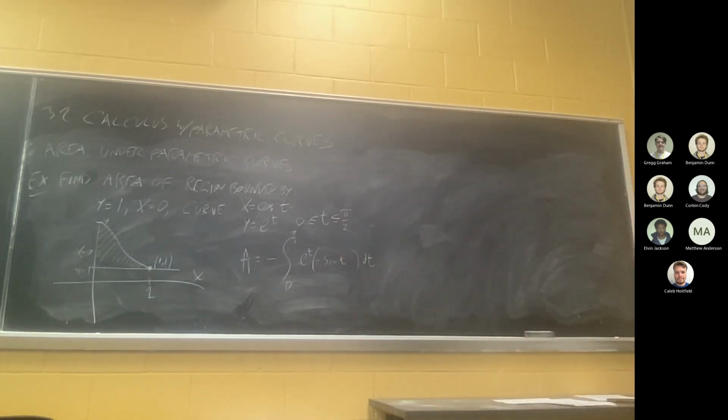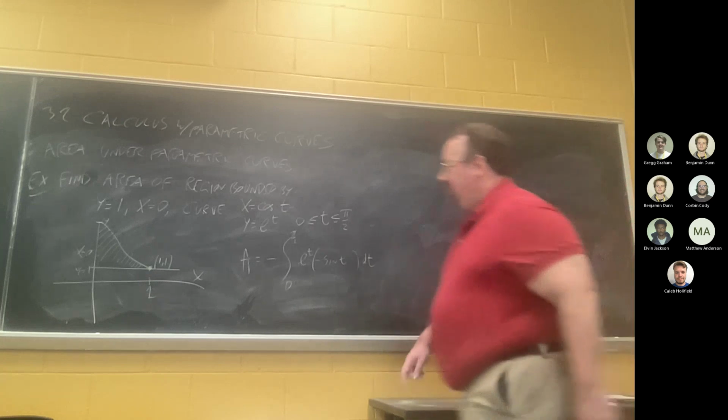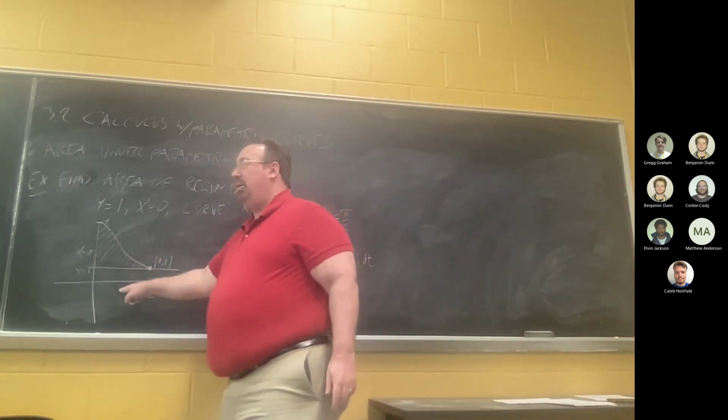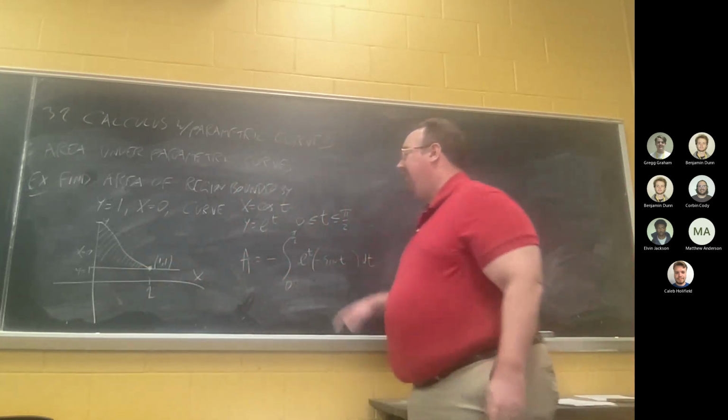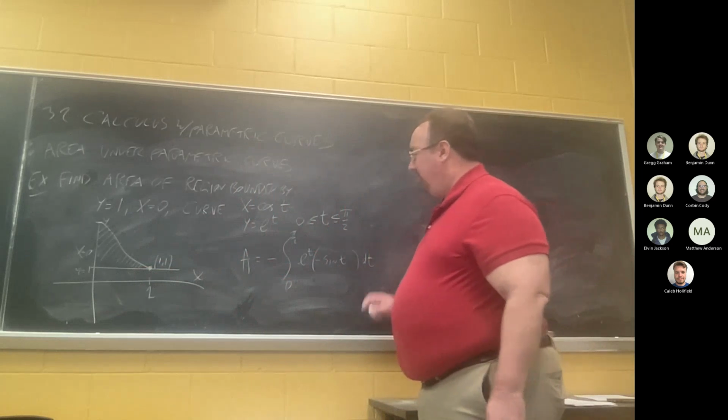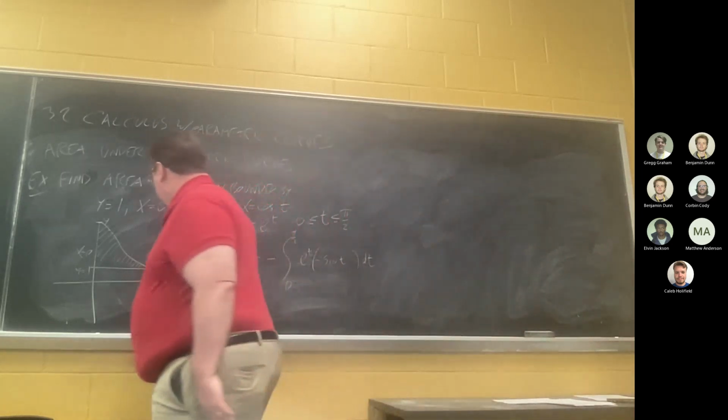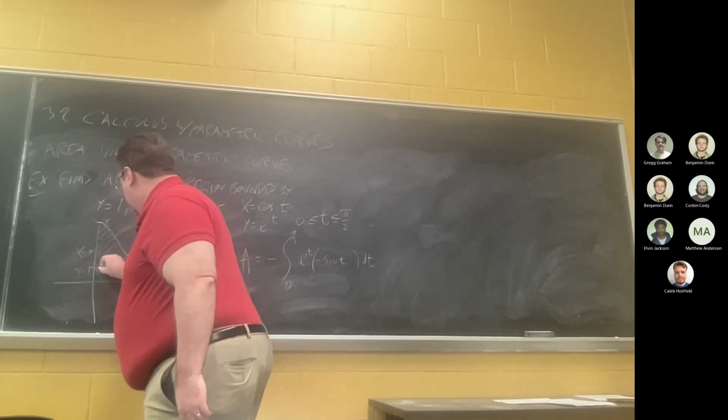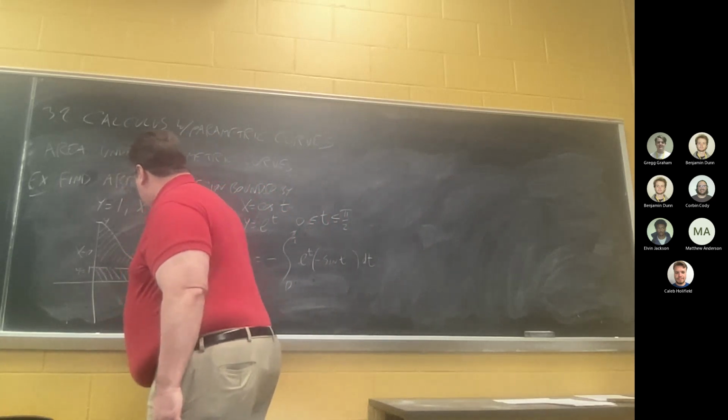Well, this is a valid formula for the area of a region, but it's not the area that we're actually looking for. The boundary is y equals 1, not y equals 0. This would take me all the way down to the x-axis. So that's no problem. I just have to find that area and subtract that off.